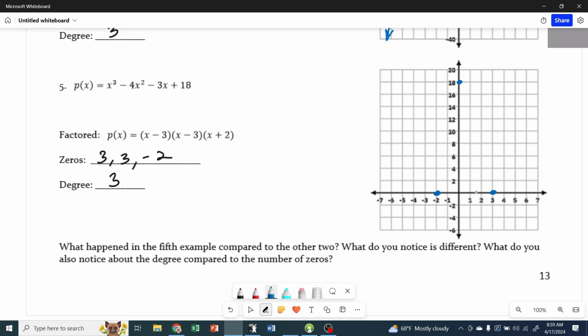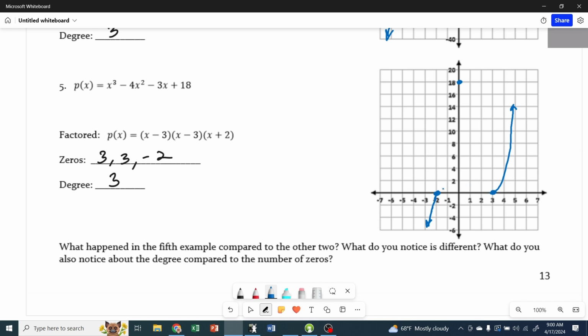I've only got 2 zeros here. Well, I know that from this 0, it's going to go down. And this 0 here is going to travel upwards. I'm going to make that a little bit thinner, let's say. Like so.